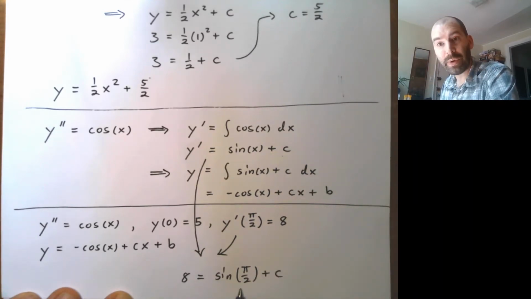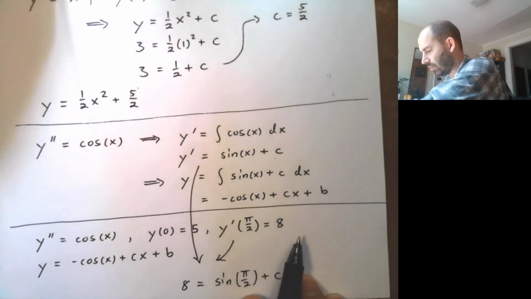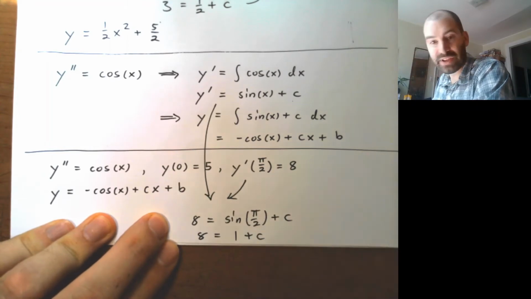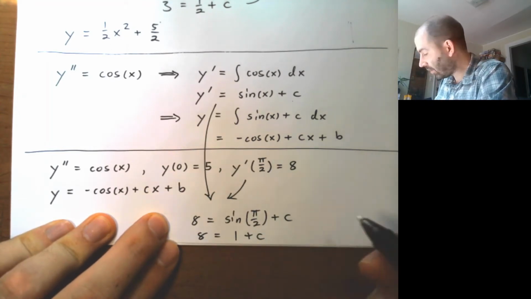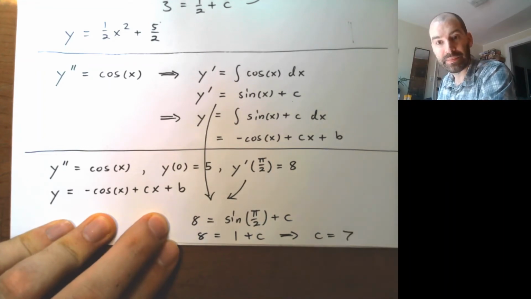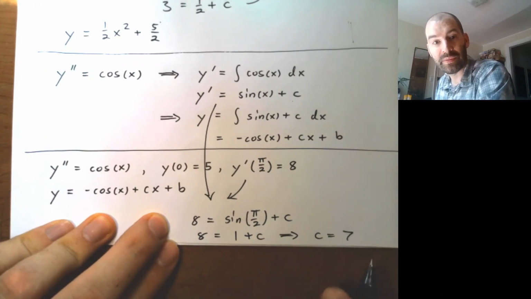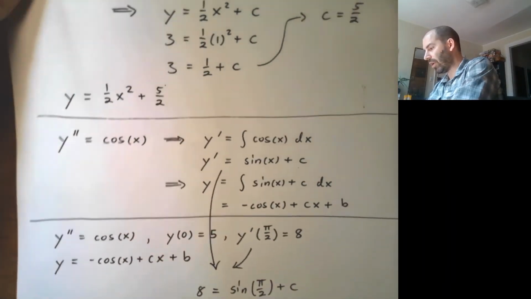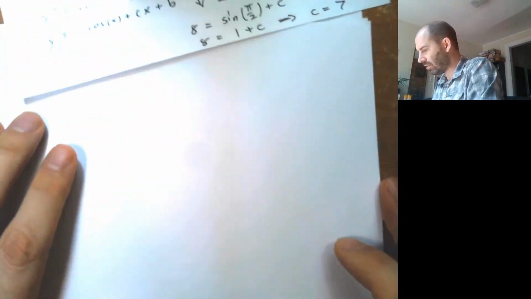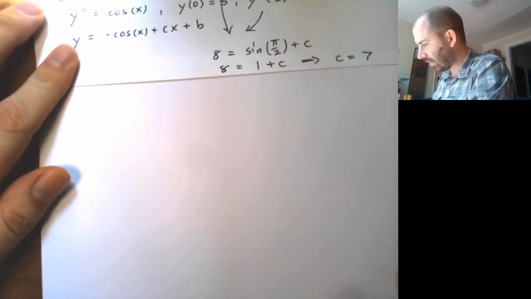Well, what's sine of pi over 2? Sine of pi over 2 is 1. So 8 equals 1 plus c. Therefore, c is equal to 7. So we've solved for c. Fantastic. Let me write that over here.